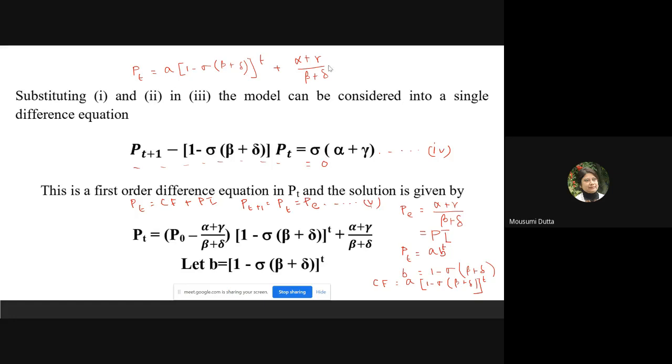So everybody could reach up to this. The time path of price is given by Pt is equal to A into (1 minus sigma into beta plus delta) whole to the power t plus alpha plus gamma by beta plus delta. Equation number 6.